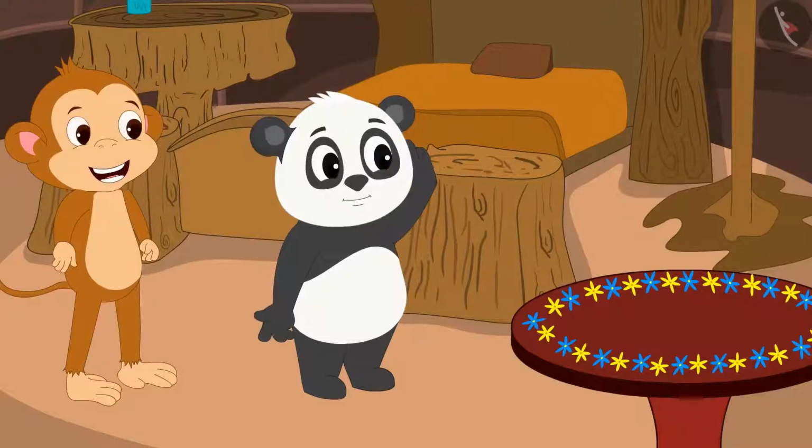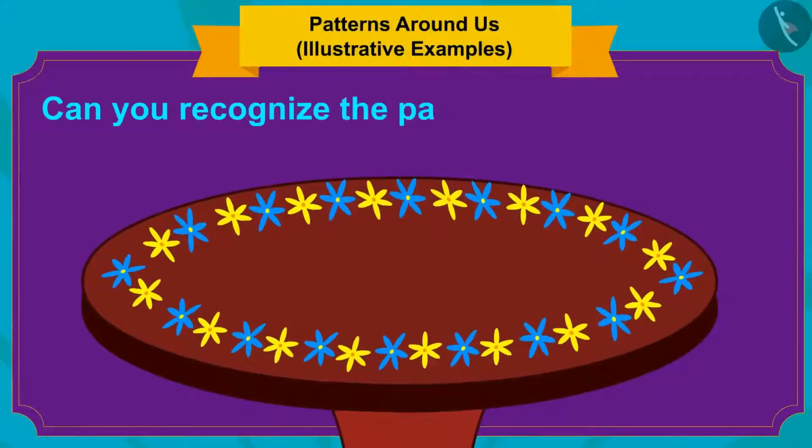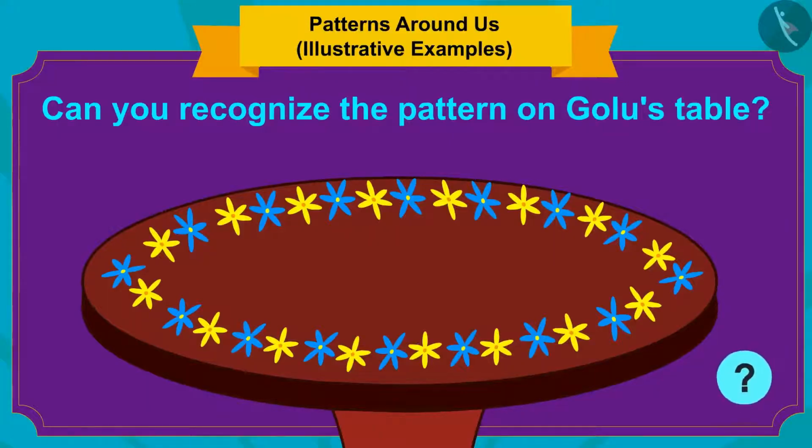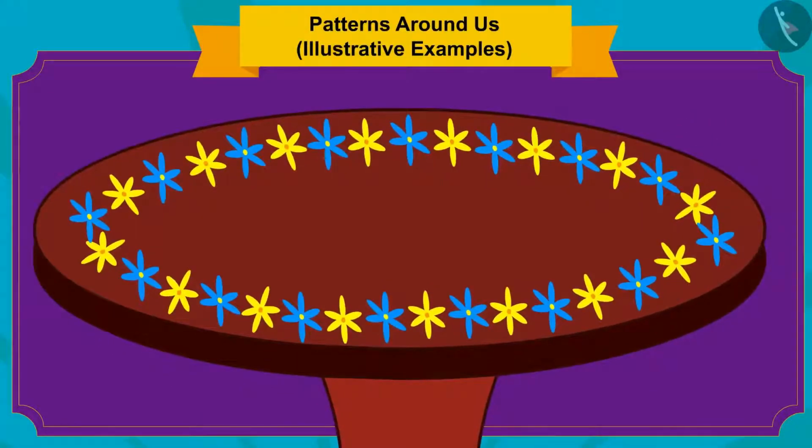Golu is unable to recognize patterns. Kids, can you recognize the pattern on Golu's table? If you want, you can stop the video and find the answer. Children, in order to identify the rule of any pattern, you just have to see what is being repeated in that pattern.